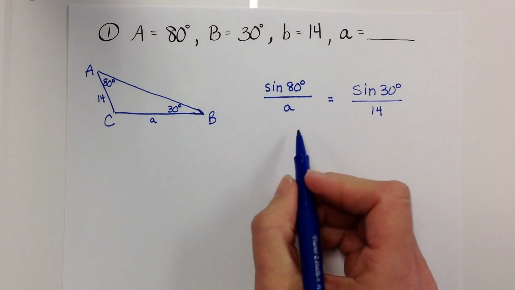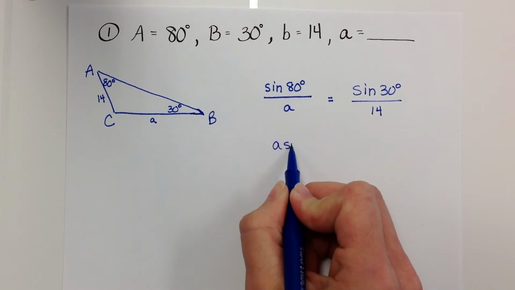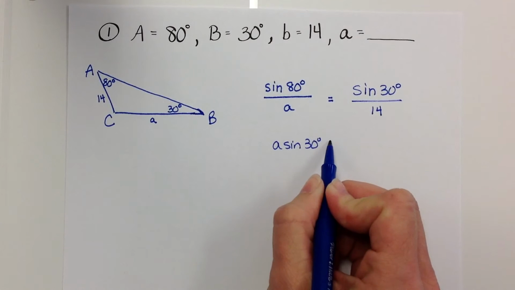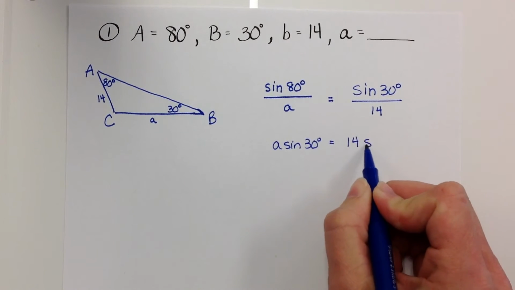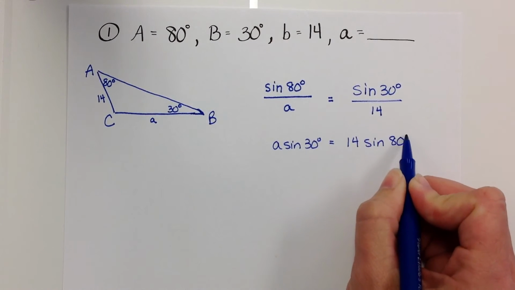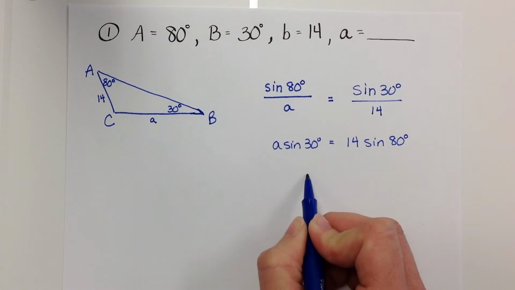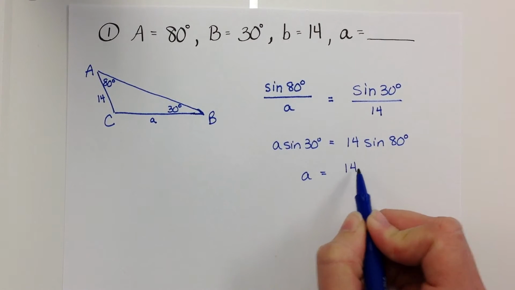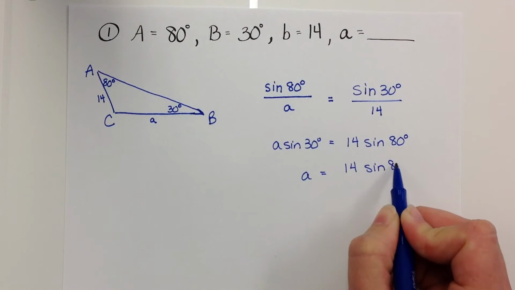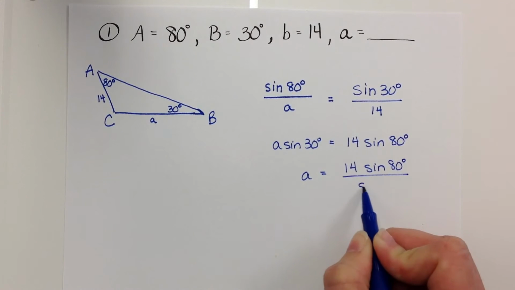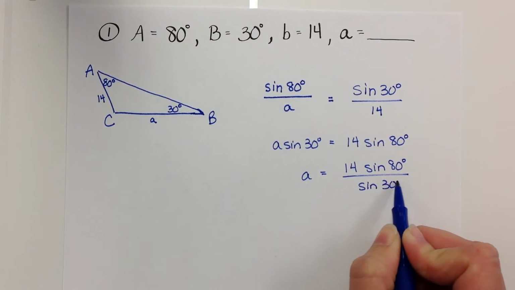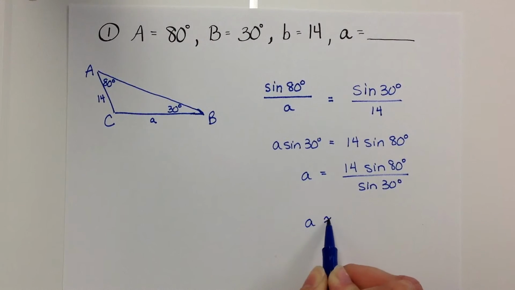Okay, you're going to cross multiply. And in order to get A by itself, you'll have to divide by sine 30 degrees. So this will be what you put in your calculator.